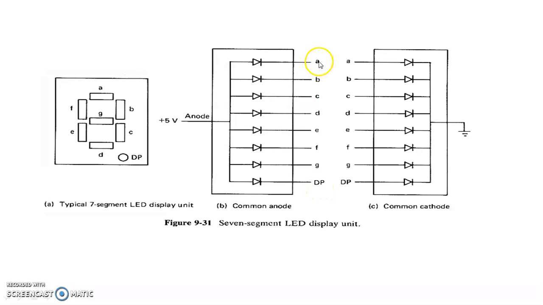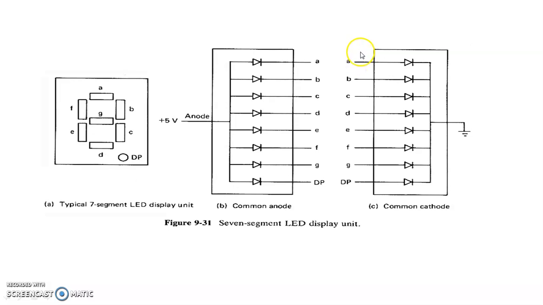If the value of A to G is 0, only for the bits which are 0, those LEDs alone will glow. So if only A and C are 0, then only the LEDs A and C will be glowing, the rest will not. In case of common cathode, all the cathodes of the LED terminals are connected to the ground. So the anode will be driven by the processor, issuing the code A to G along with the decimal point.